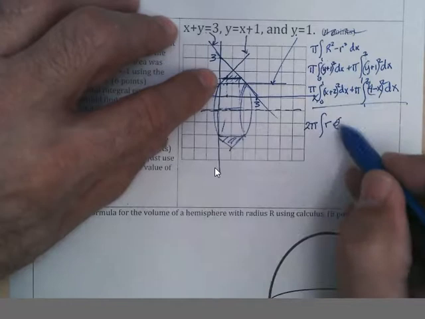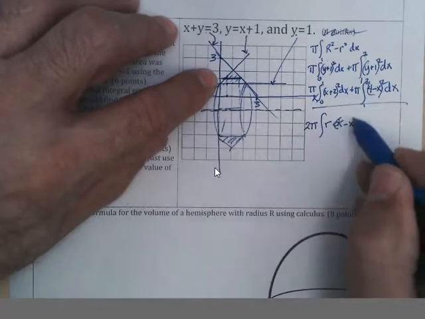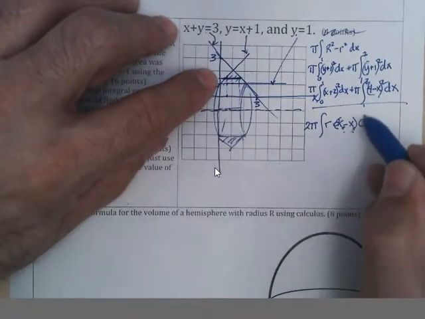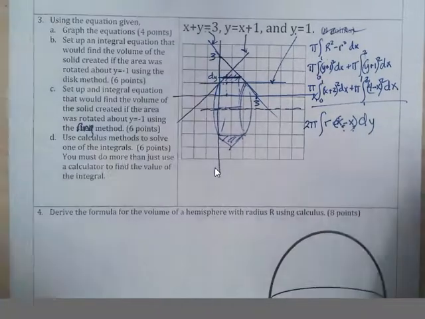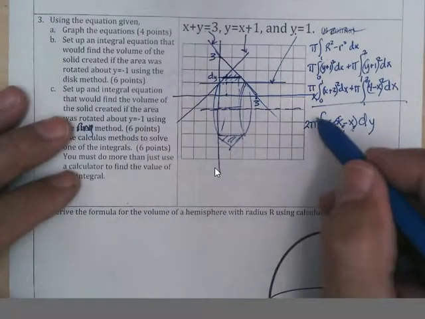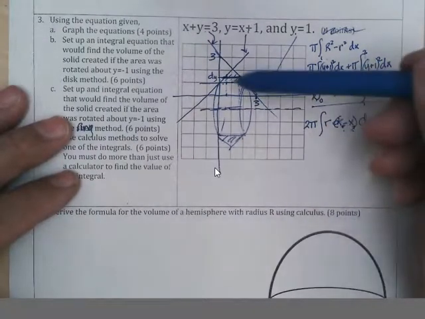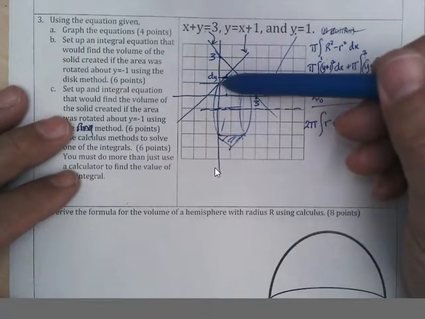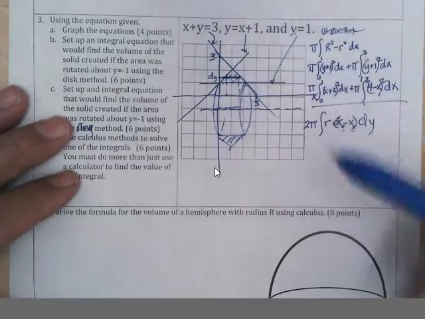So it's going to be an x minus an x, and we're going to have to figure out what those are, dy. And we're going to integrate that from, it's dy, and so y is going to go from 1 to 2.